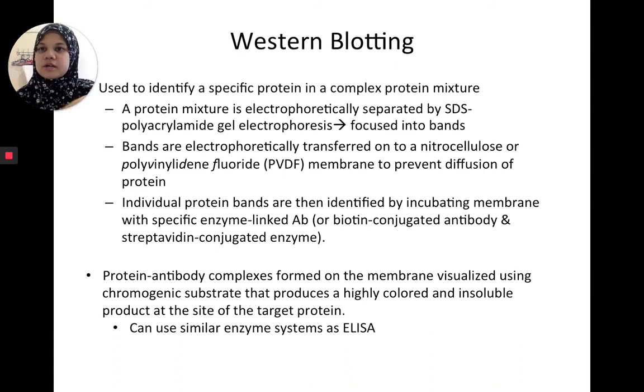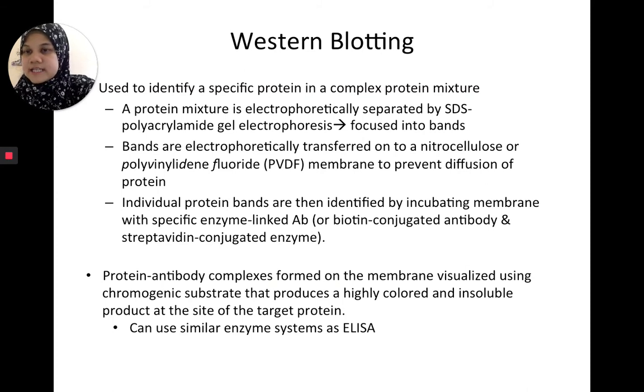In Western blots, you can actually try and take out or separate what proteins are present, or however many there are. And that involves first separating them using polyacrylamide gel electrophoresis, or SDS-PAGE. And then you transfer the bands in the gel to a membrane, and then you incubate that membrane with different antibody solutions.